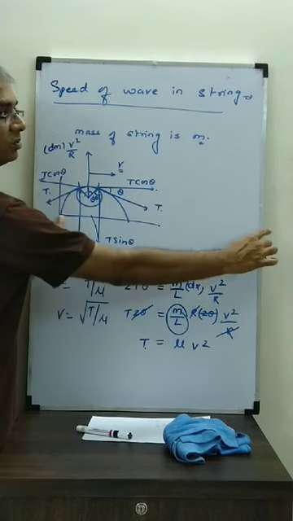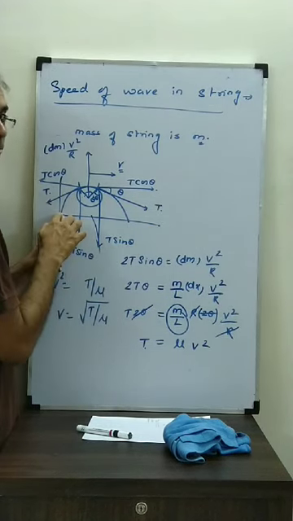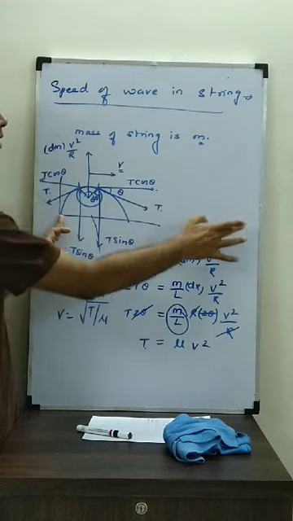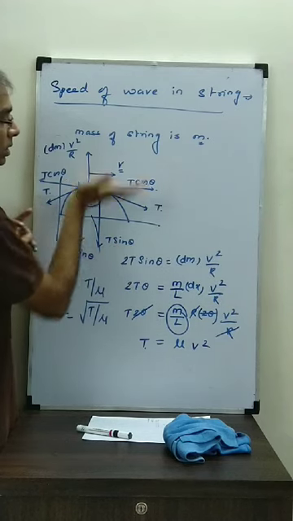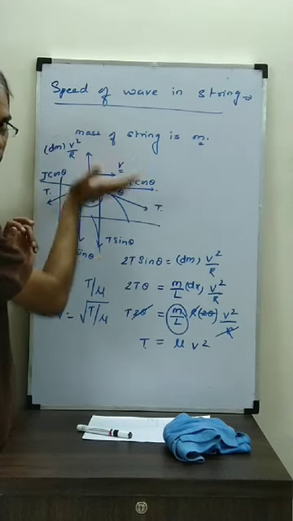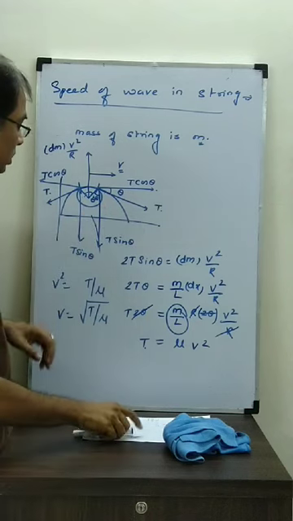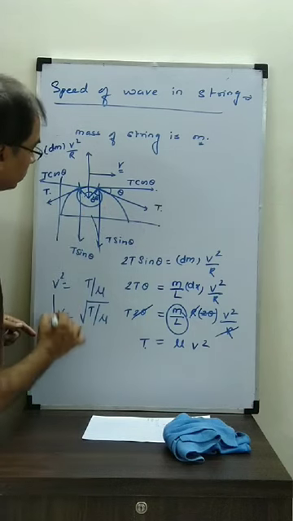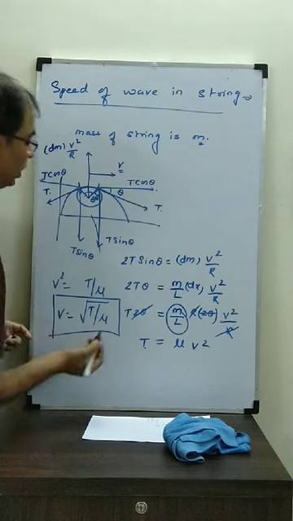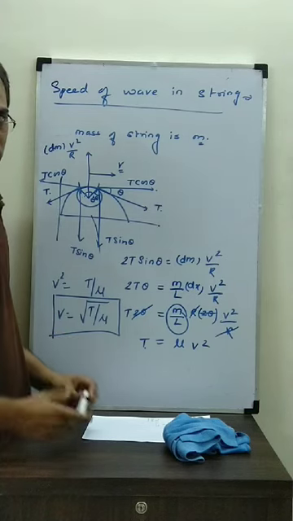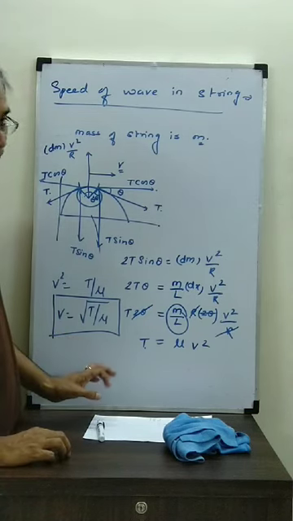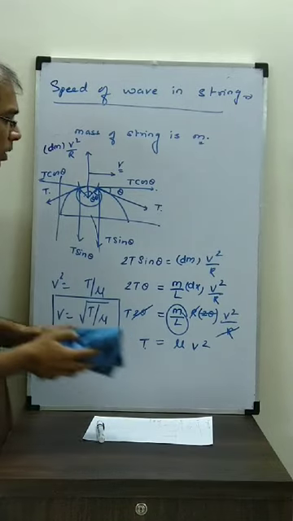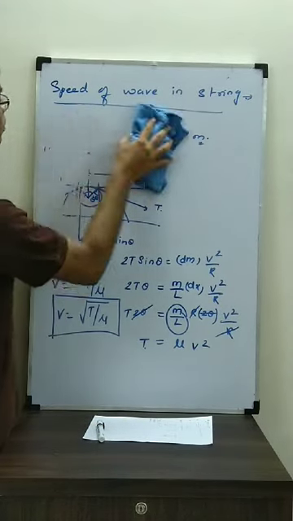Only energy is going to move like this, whereas for the string, the mass motion is not there along the string. Particles are only vibrating perpendicularly. So this is a very important formula: v equal to root over T by mu, velocity of wave in string. I hope it's clear to you.